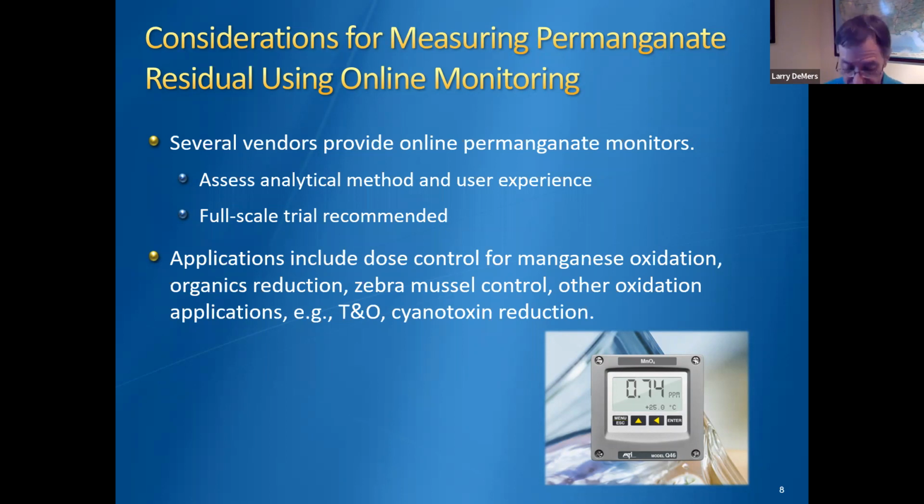If possible, I highly recommend a full-scale trial to see how the instrument works in your plant. It is, as I said, marketed for a lot of different applications, all the way from manganese oxidation to organics reduction, zebra mussel, and potentially cyanotoxin reduction as well.